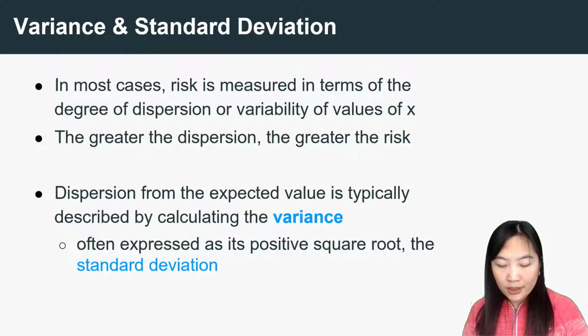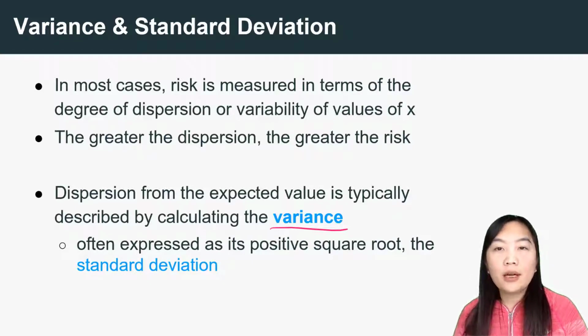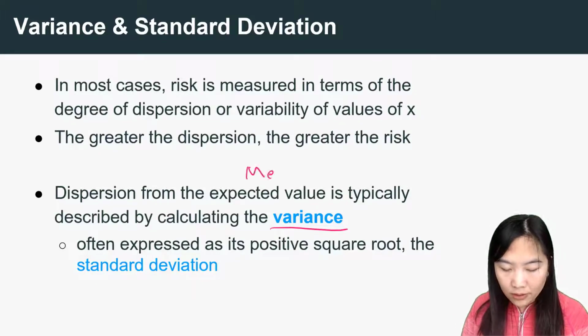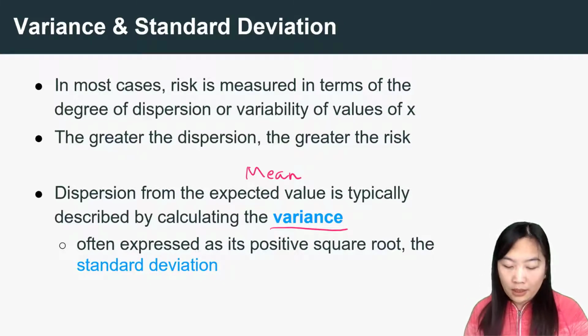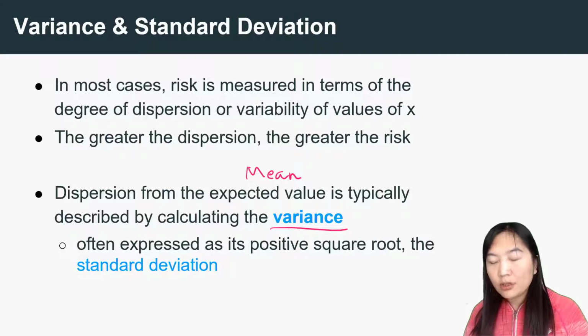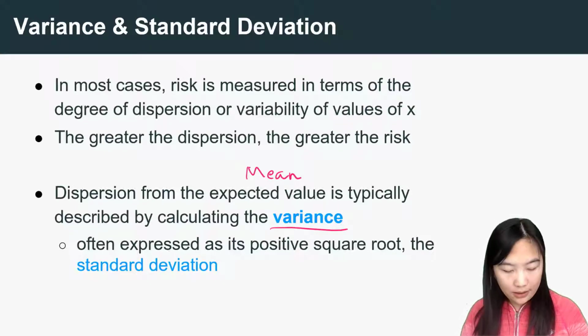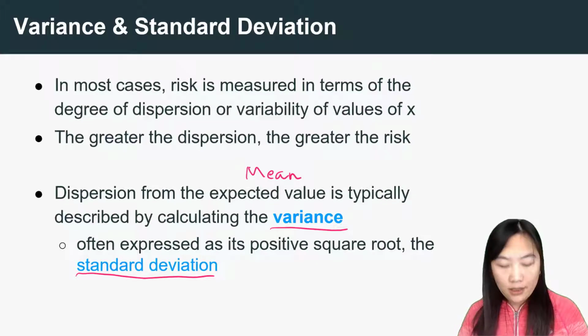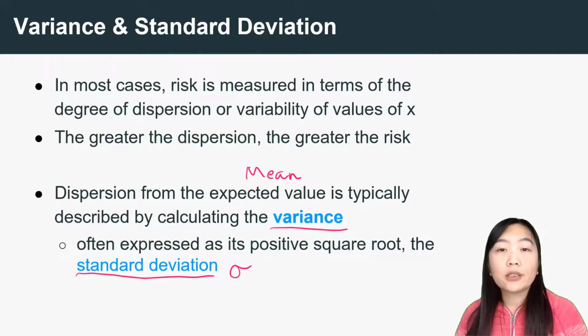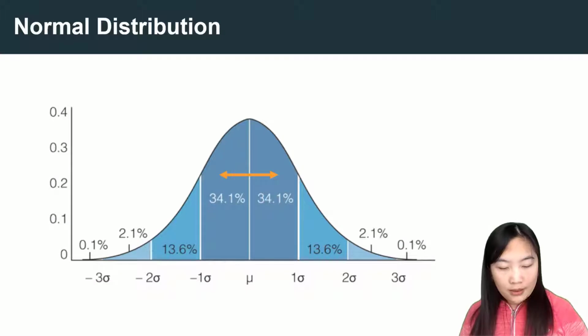Usually we use variance to describe the dispersion from the expected value, or we may call this the mean. And if you take the square root of the variance, we get the standard deviation, and we use the letter sigma to denote the standard deviation. I have an example here.